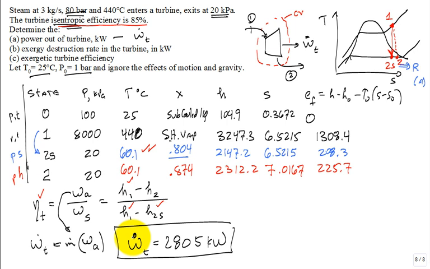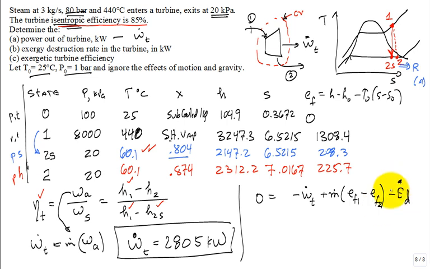What's the exergy destruction rate in the turbine? Well, we do an exergy balance for the same control volume, and it's steady state, so there's no heat transfer across the boundary of the turbine. You do have exergy flowing out with the turbine shaft power. Okay, we're going to have the mass flow rate coming in with the inlet flow exergy, outlet flow exergy, EF2, and we have exergy destruction.